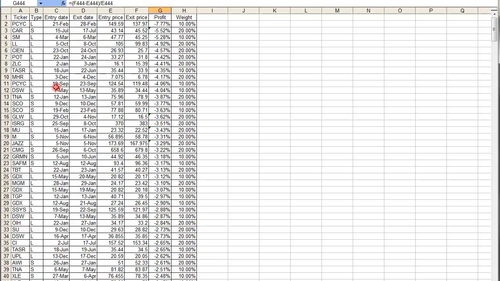And you can see that there are only 10 trades that had a loss higher than 4%. Okay, but it's 4 trades out of 444, which is about 0.4%.